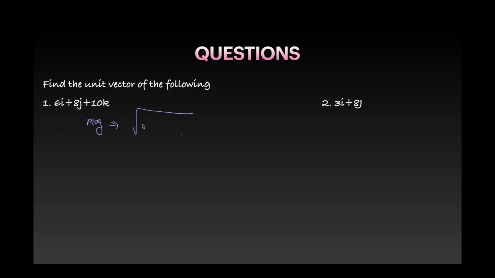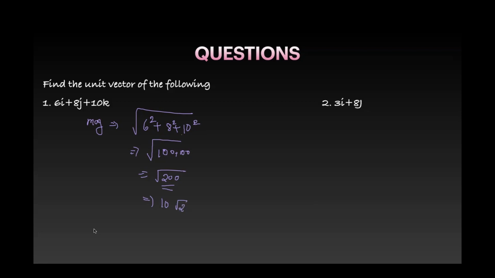It is nothing but the coefficient of i cap square, coefficient of j cap square plus coefficient of k cap square, which is 100, which is root of 200. So the magnitude of the above vector is root of 200, which I can write as 10 root 2.